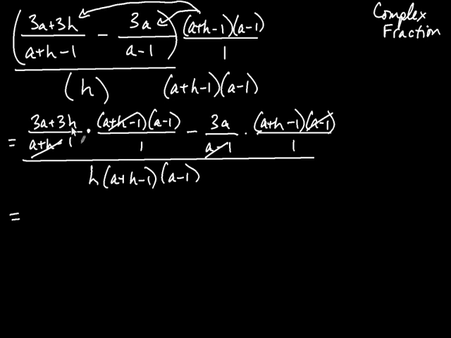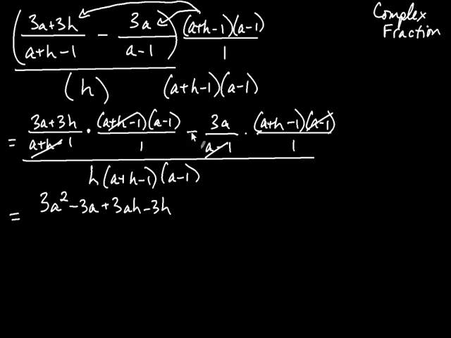Now it's a polynomial multiplied by a polynomial, so you have to distribute. It's going to be 3a times a, 3a times negative 1, and then the same thing with 3h. So we get 3a squared minus 3a, and then plus 3ah, and then minus 3h.